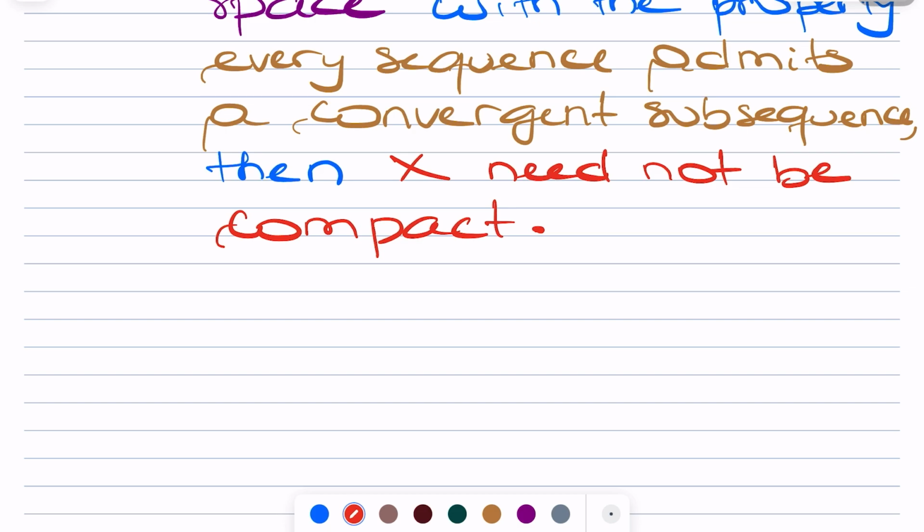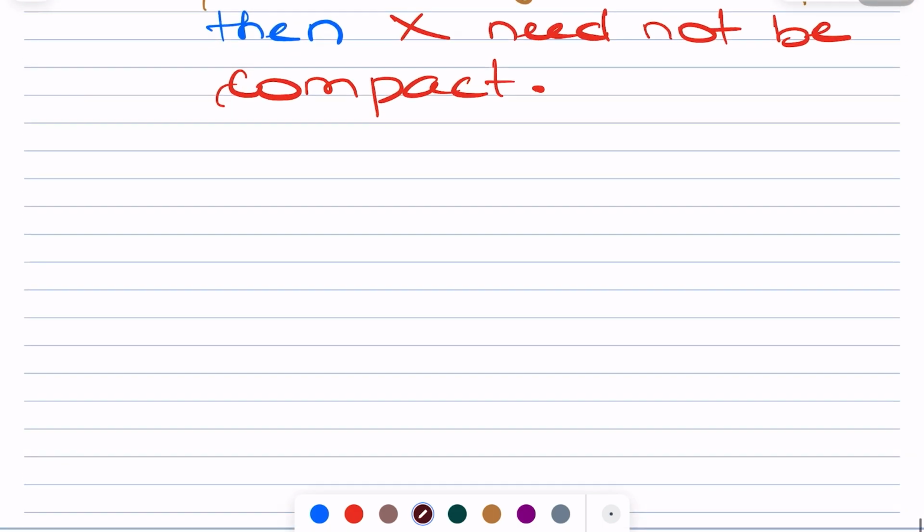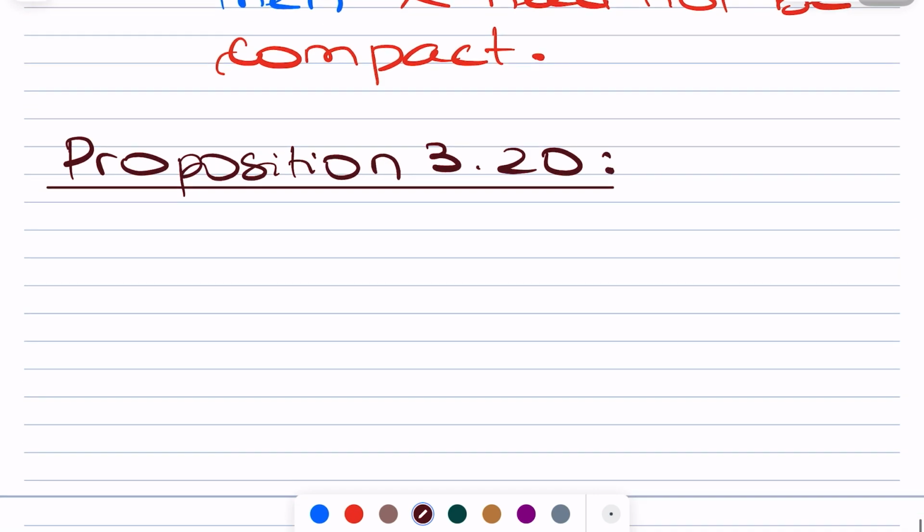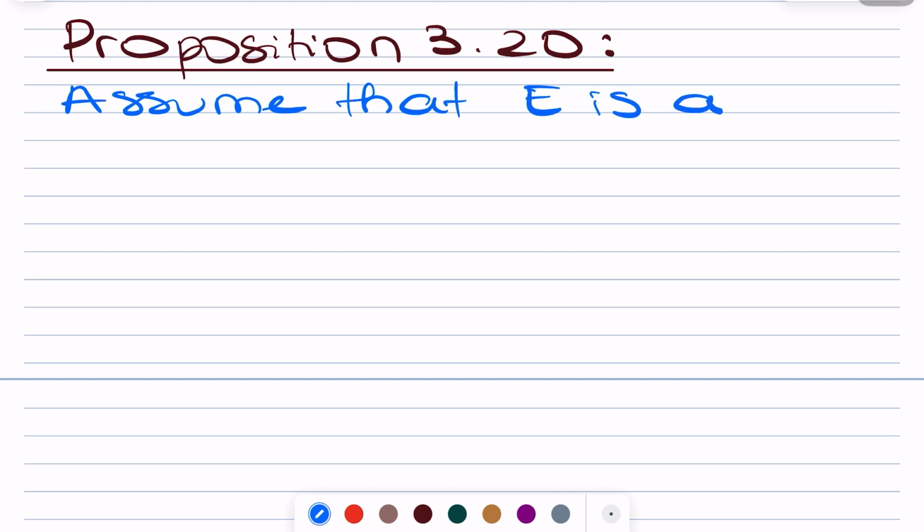So now let's have some further properties of reflexive spaces. Proposition 3.20. Assume that E is a reflexive Banach space. I mean, there we need to say that it is a Banach space.